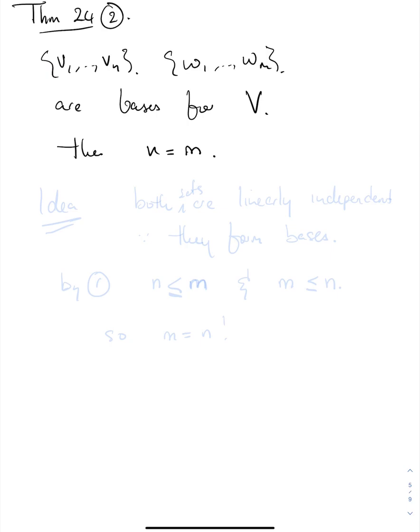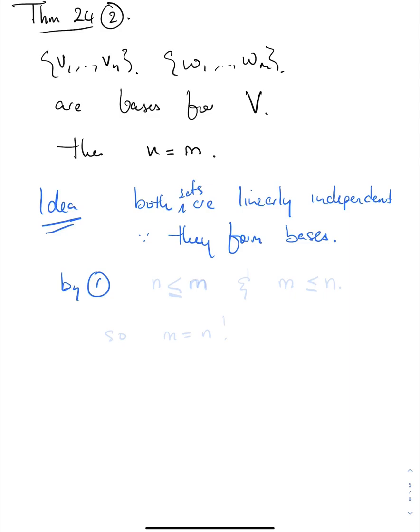We're not going to prove this rigorously, but I do want to leave you with the idea. Both sets are linearly independent because they are bases. So by 1, bases, remember, are also spanning sets.